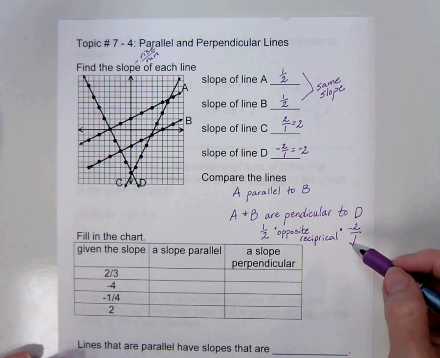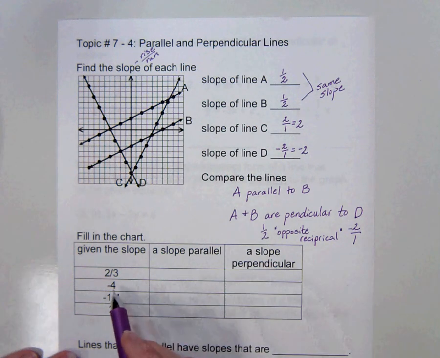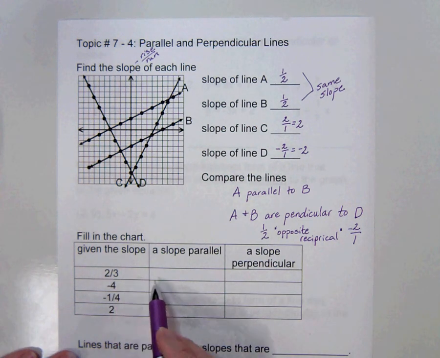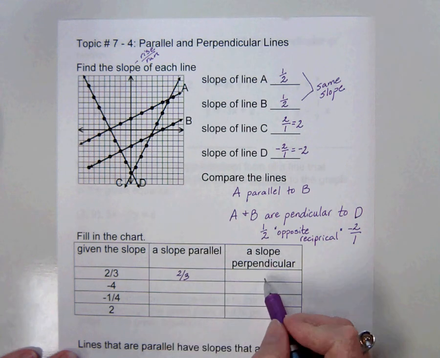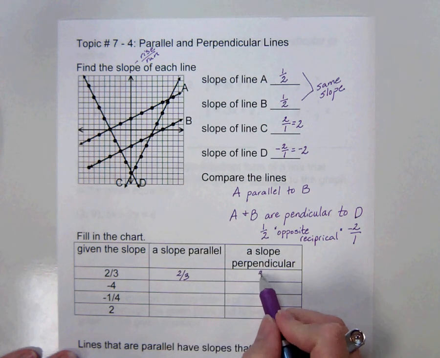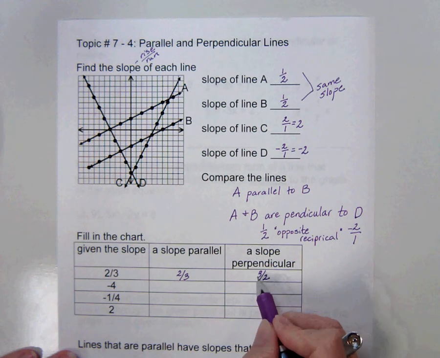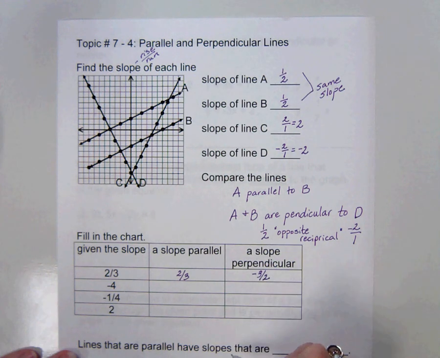So let's try that with these right here. If you're given a slope of 2/3, remember to be parallel, the slope would be the same. But for perpendicular, you actually take the reciprocal of 2/3 and then make sure you make it an opposite sign.